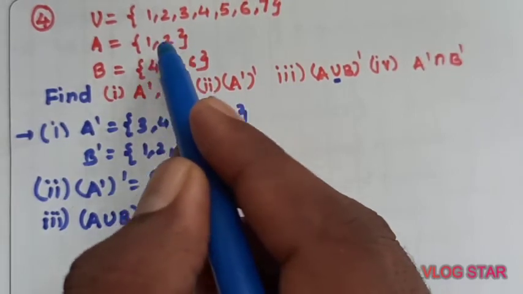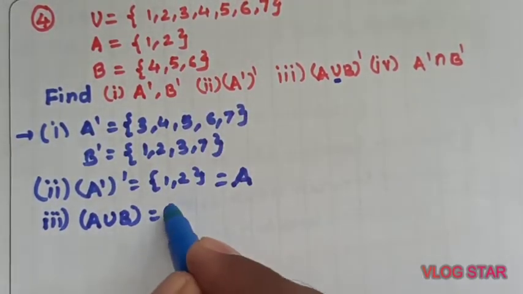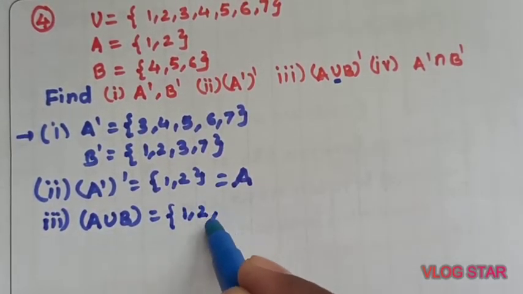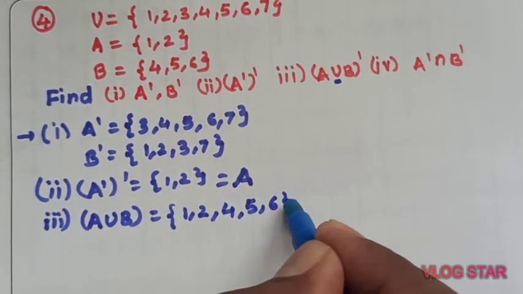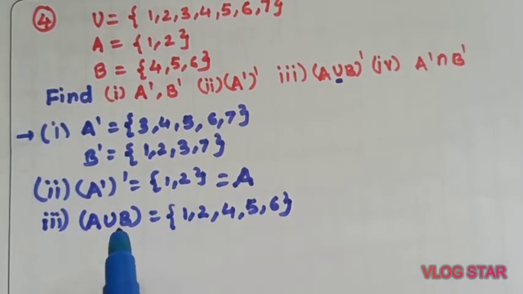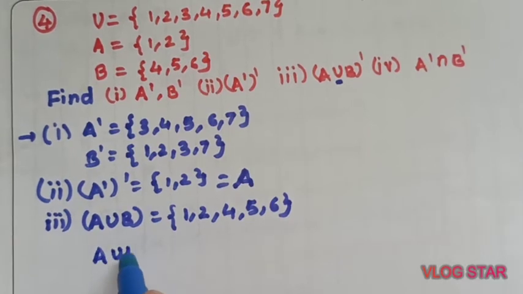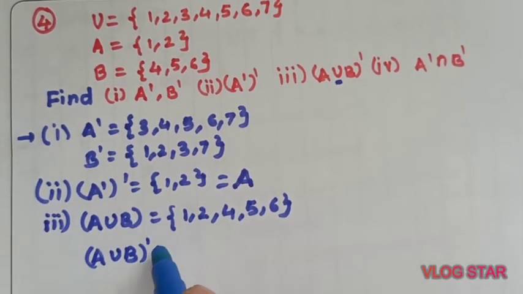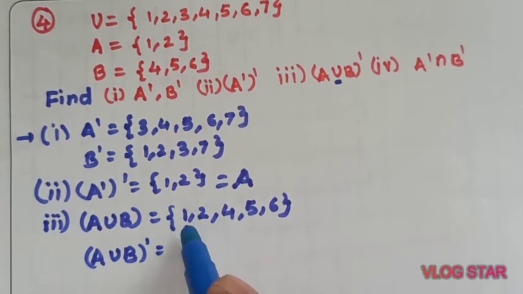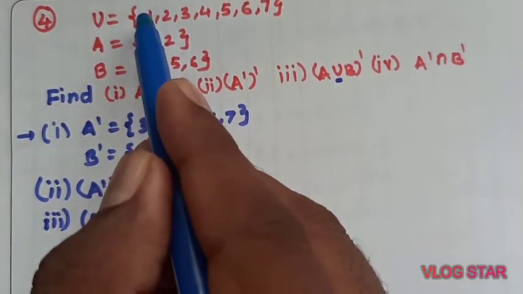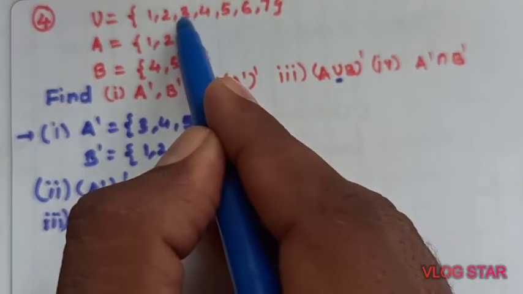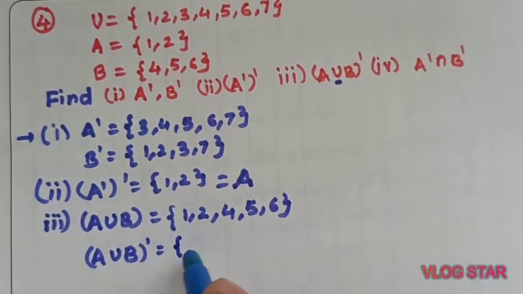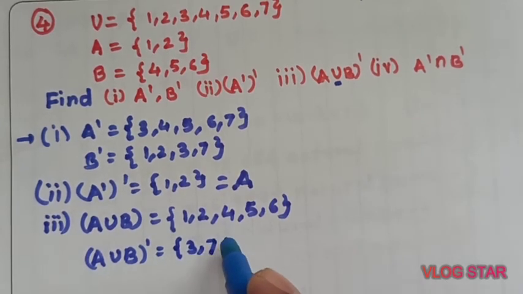We have to collect all the elements from A as well as B. From A I have taken 1, 2, from B 4, 5 and 6. सो ये हो गया यूनियन। अब मुझे चाहिए इसका कॉम्प्लीमेंट, A union B complement. So I have to leave 1, 2, 4, 5, 6 from U. 1, 2, 4, 5, 6 छोड़ के बचा 3 and 7.